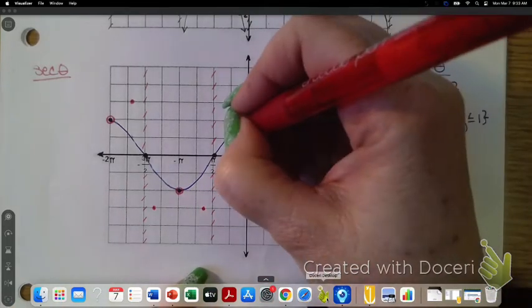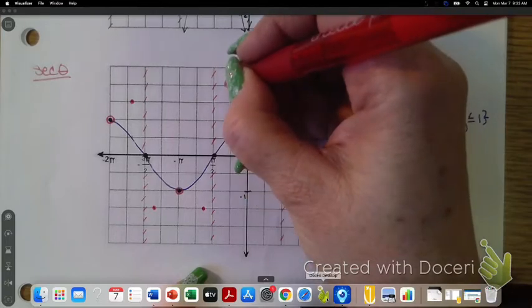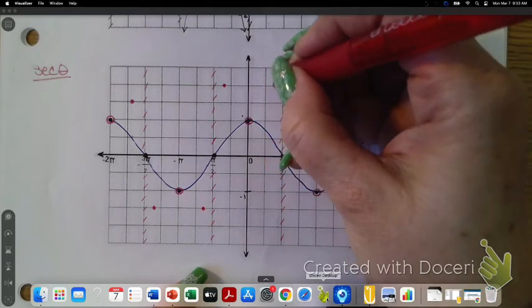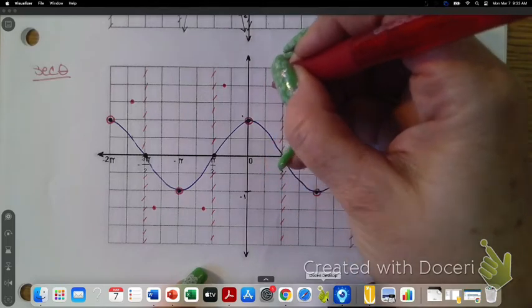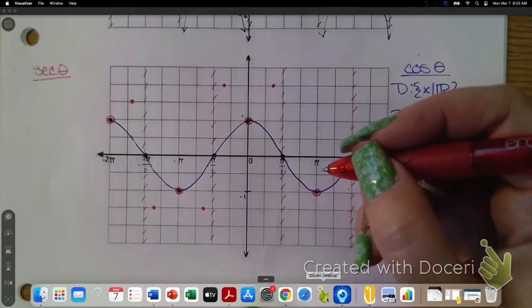The only thing I'm going to give you a hard time about not getting exact is 1 and negative 1. I'm not going to give you graph paper to reciprocate your half. You should be able to bounce off a 1 and negative 1, right?